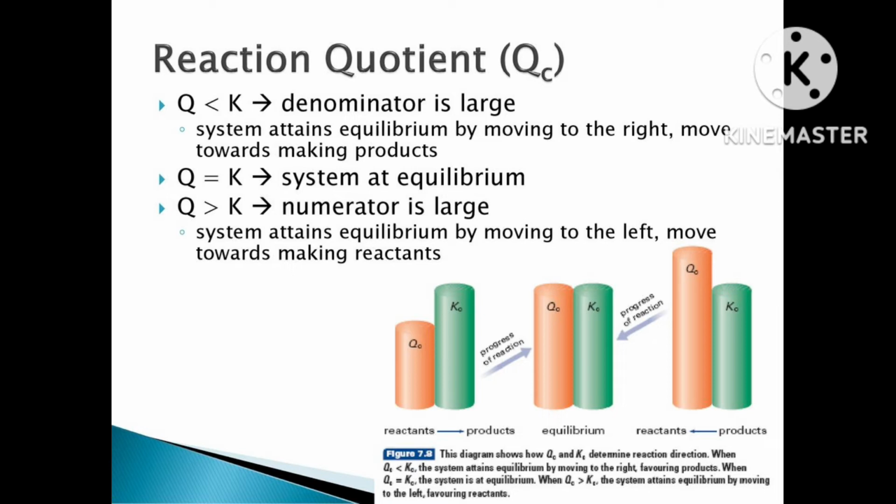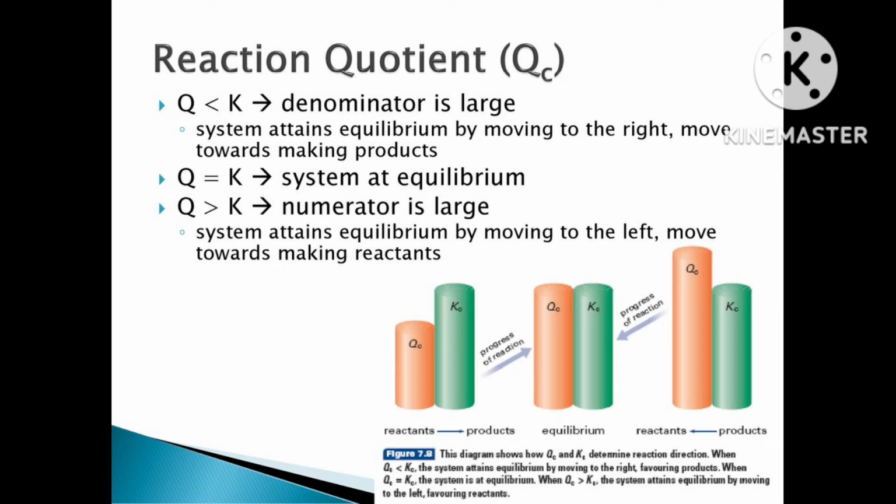Then the Q value, if you put the values in HI square divided by H2 into I2, comes to 8. See, there is a great difference. Its value is only 8. Then Q is less than Kc, means Kc is more, so forward direction, the reaction is going on in the forward direction.